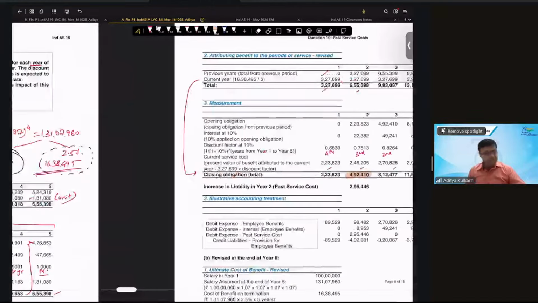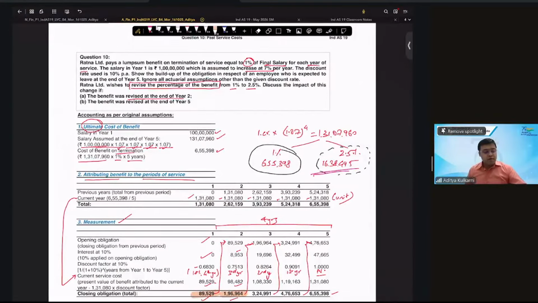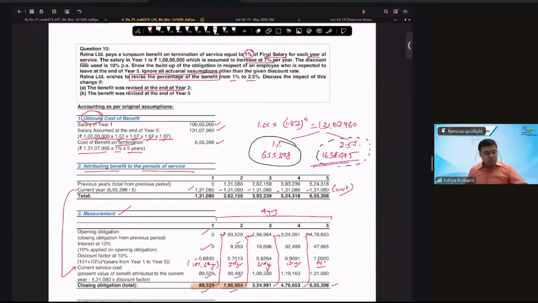Yes, sir. So year 2, the new obligation puts the closing obligation for the second year at 4,92,000. But till now in my books, I was based on the 1% plan only.